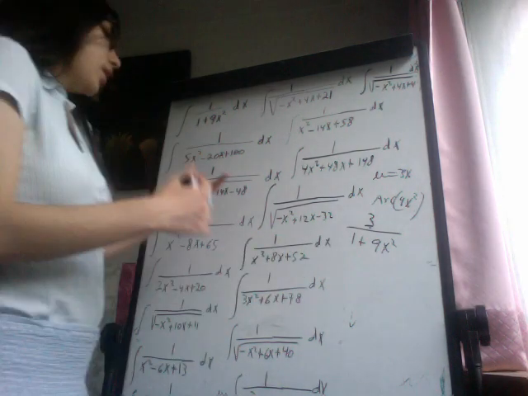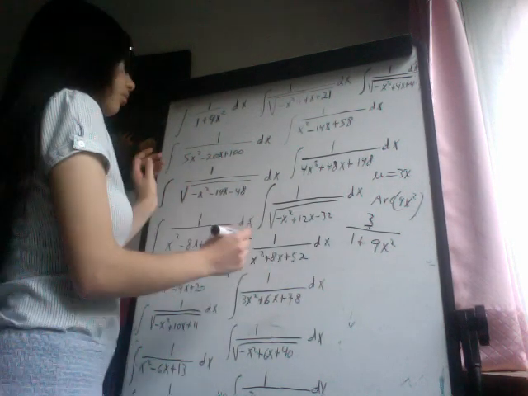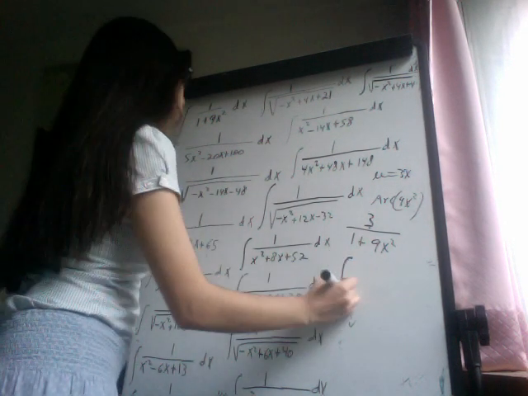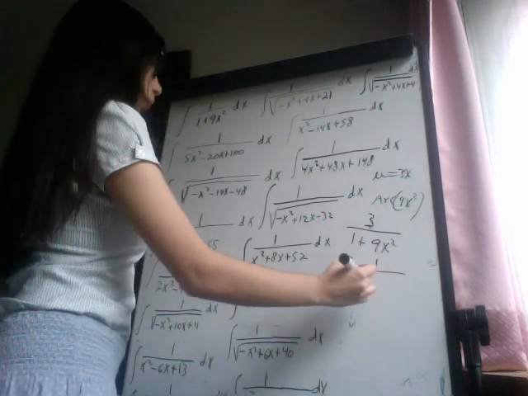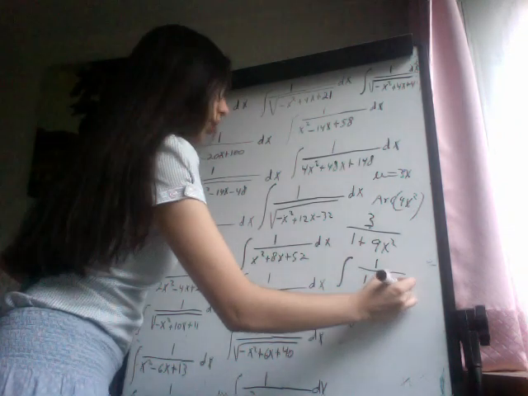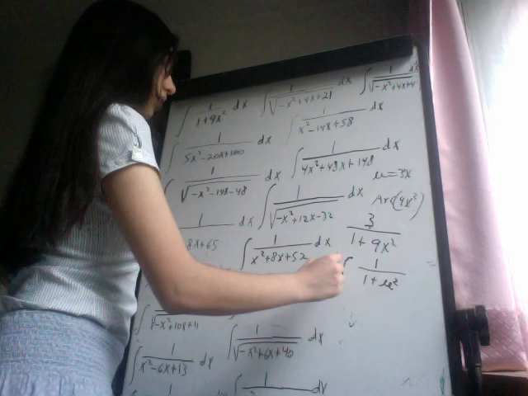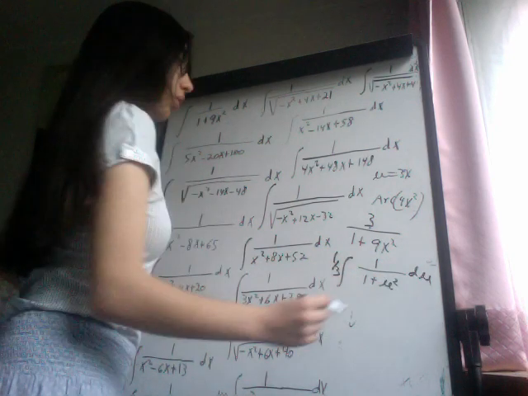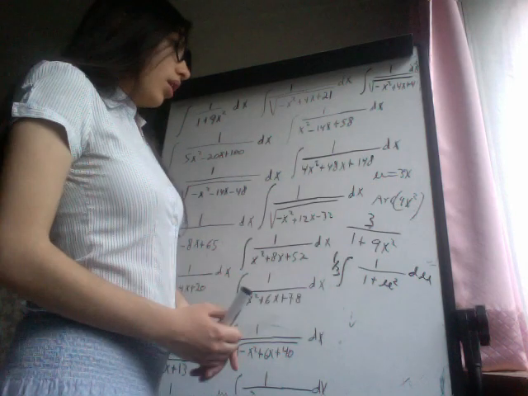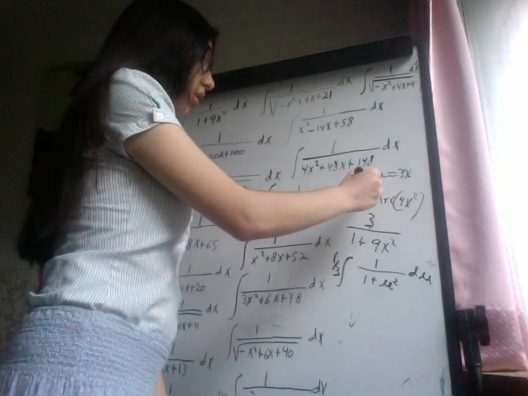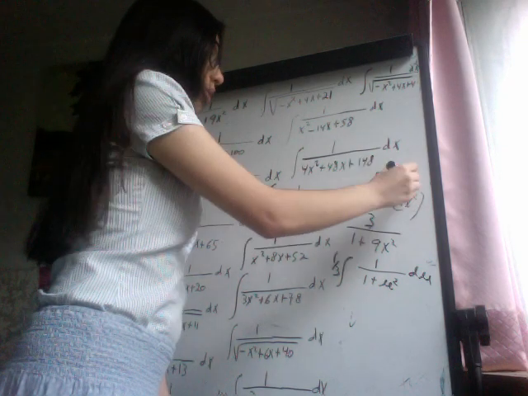So let's do u substitution. Let's put this as the integral of 1 over 1 plus u squared times 1/3 du, because if you do u substitution with u equals 3x, du over dx is 3, and so du is equal to 3 dx.